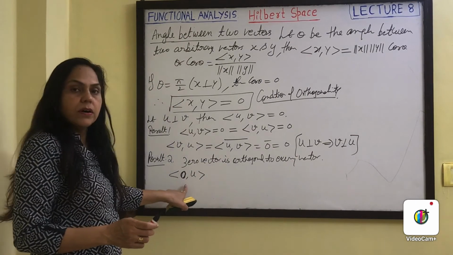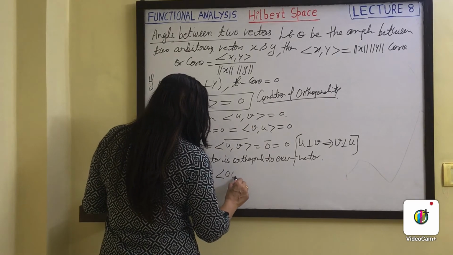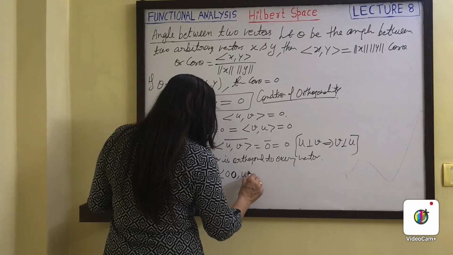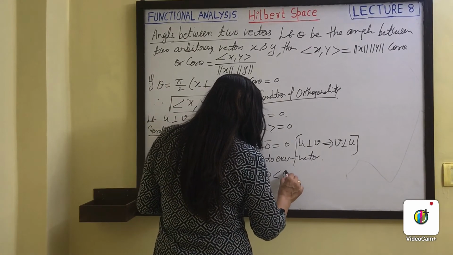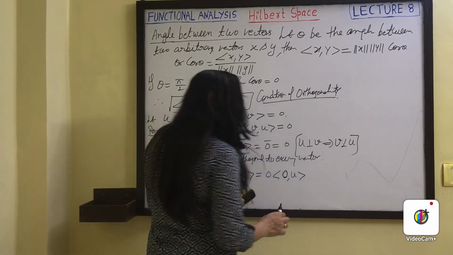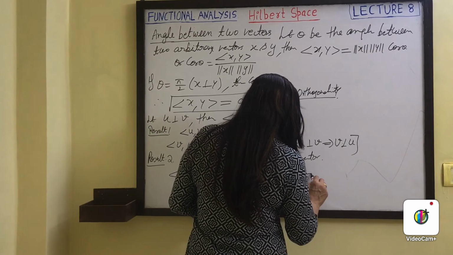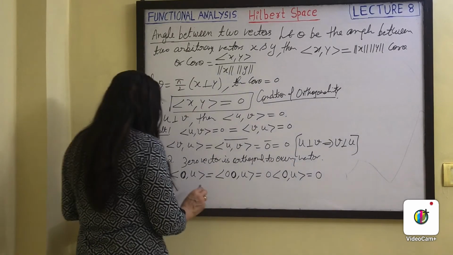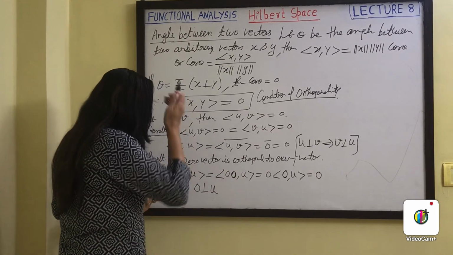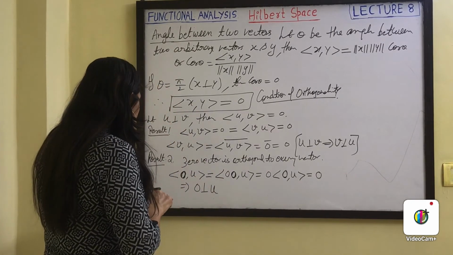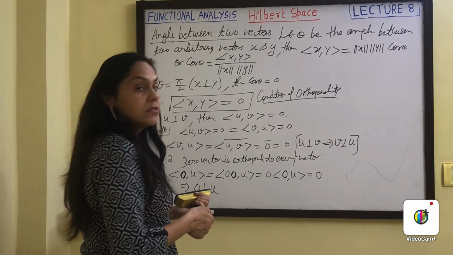Zero comma u can be written as 0 into the inner product of 0 vector comma u, and 0 multiplied by the inner product is equal to 0. So this implies 0 is perpendicular to u. Now we can also prove the Pythagorean theorem.